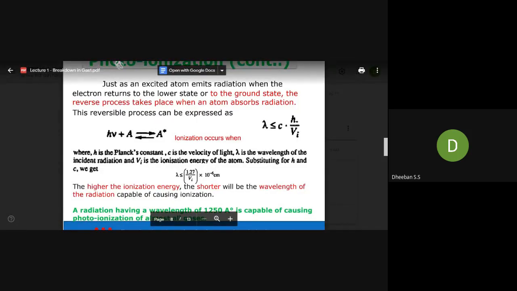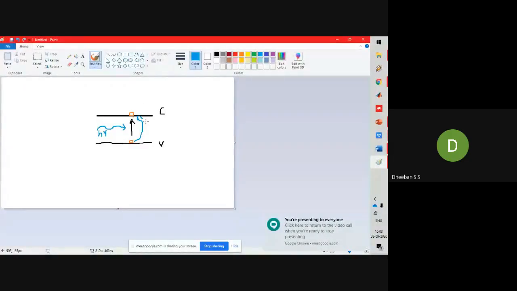This process is not only a forward reaction; it is a reverse reaction. It's bidirectional. What I have shown in Paint can also liberate an electron and become a positive ion. That refers to absorption.